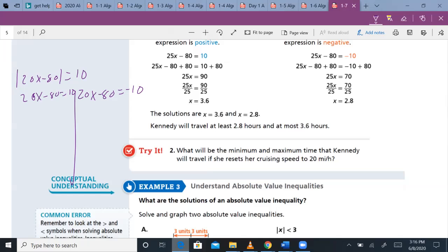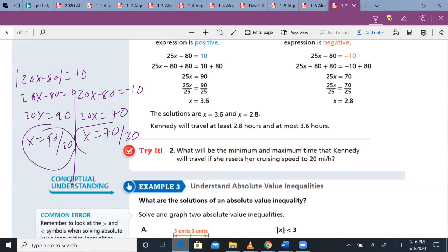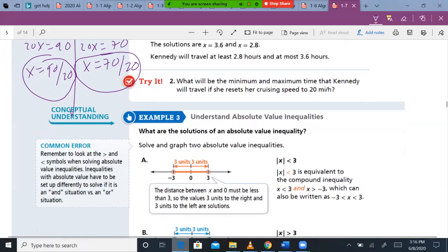Just solve for x for both of them. 20x equals 90. Therefore, it's 90 over 20 hours. Or if I add 80 over here, 20x equals 70. It's going to be 70 over 20 hours, or 7 over 2, or 9 over 2. Your choice.